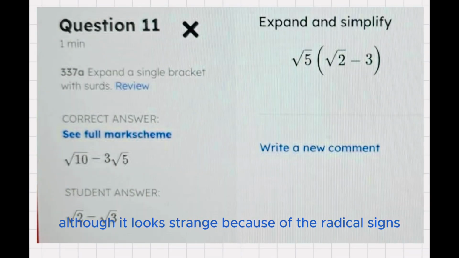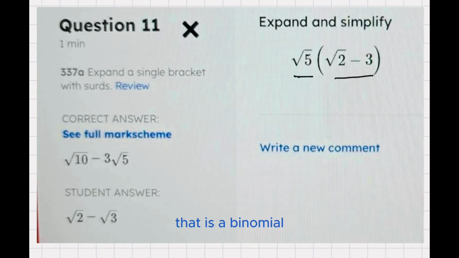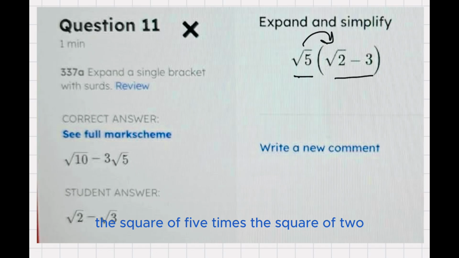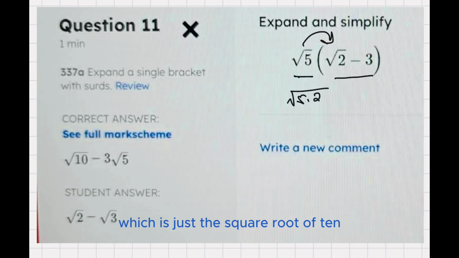This problem, although it looks strange because of the radical signs, is just one factor multiplied by another factor that is a binomial. So if we apply the distributive property, the square root of 5 times the square root of 2 can be written as the square root of 5 times 2, which is just the square root of 10.